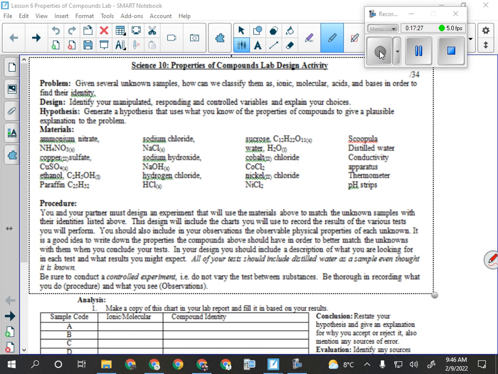We won't be able to identify these compounds unless they do in fact all have unique physical properties. So in the if part of your hypothesis, you should probably talk about just that: that compounds must have unique physical properties.